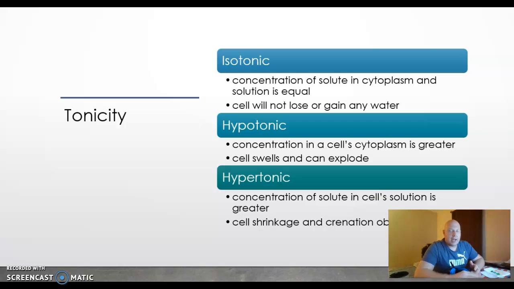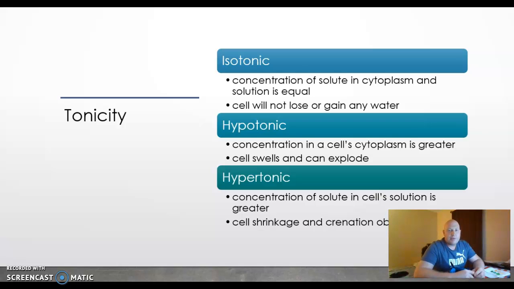In a hypotonic solution, the concentration in the gummy bear, the cell's cytoplasm, is greater than that outside in the solution. The cell, or the gummy bear in this case, swells and can explode. We'll actually see these gummy bears and the fact that they're swollen.